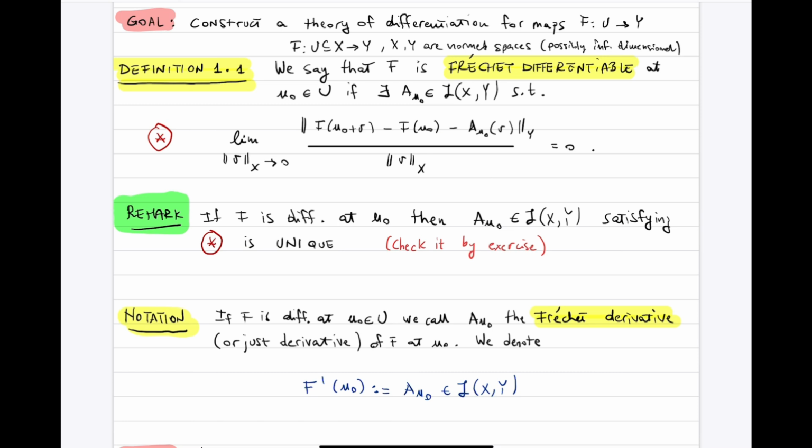This is divided by the norm of the variation, which is v in this case. And if the limit, as v in norm goes to 0 along every direction, of this fraction holds, then we say that f is Fréchet differentiable at u0. Okay, so the first remark is that, sorry, let me delete this first.